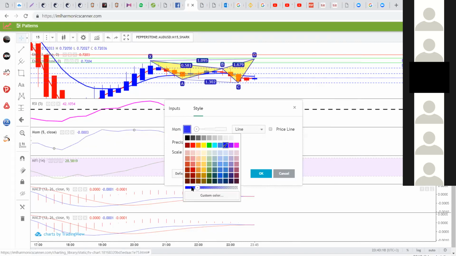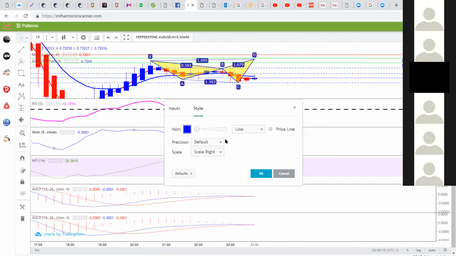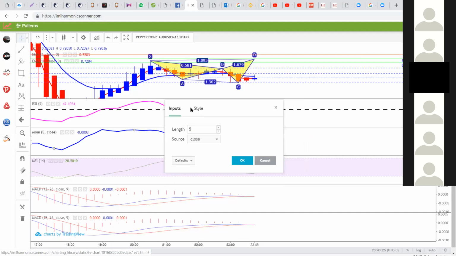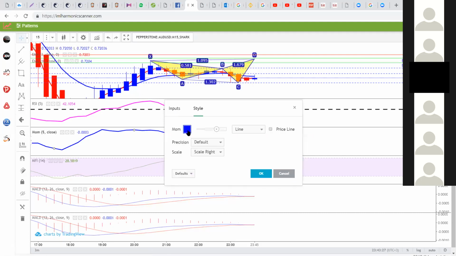Blue, no transparency, thick. This is fine. And that's all for momentum. Length is 5, changing to blue, and I'm thickening it. All right, I'm going to click OK.